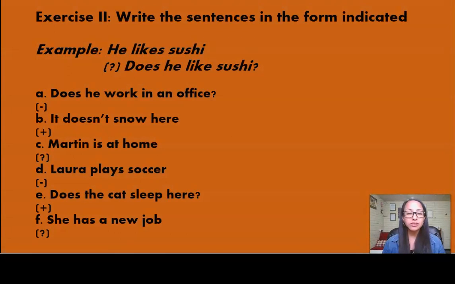Luego, para el segundo ejercicio, debemos escribir las oraciones en la forma indicada. Ejemplo, he likes sushi. Esta oración está en afirmación y nos pide que la escribamos en forma de interrogación. Does he like sushi? So we have to remember the rules and we have to remember the structure. Tenemos que recordar las reglas y las estructuras para cada una de las formas.